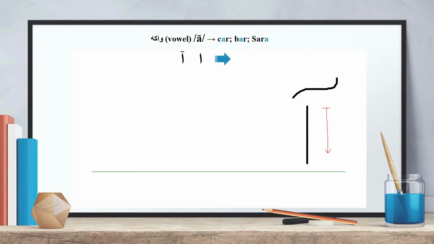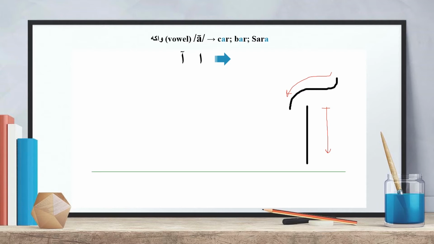We start from the right side, we come a bit downward, then to the left, and again downward. So this is something called hat, and this form of writing A comes only in the beginning of a word or when the word is not connected to other letters.